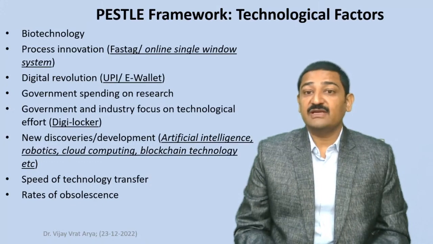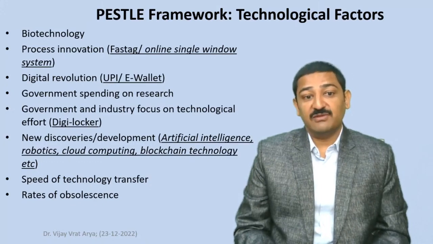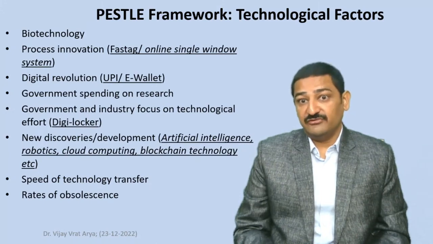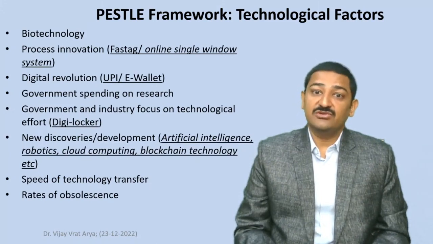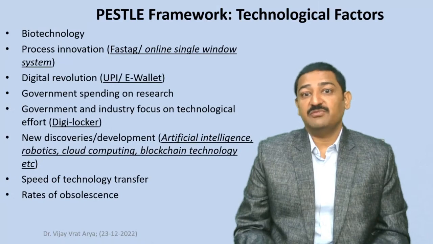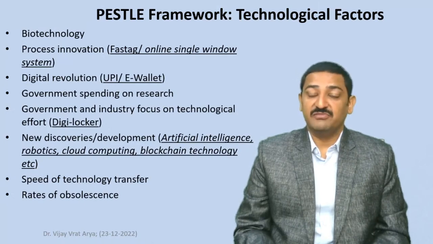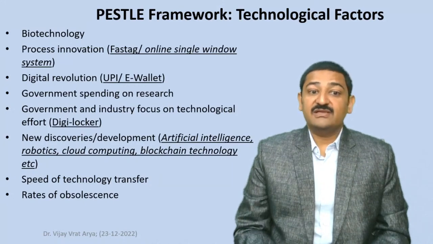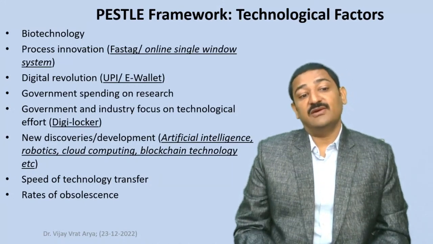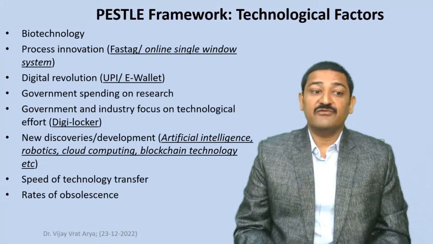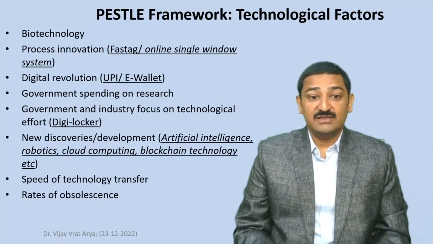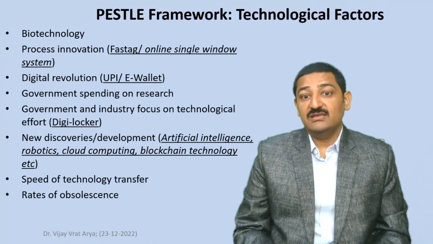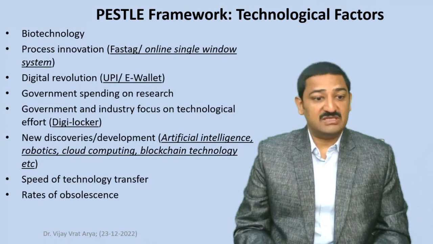So how proactive the respective government is towards developing research and technological infrastructure is going to substantiate a very positive business environment in the respective country. Then government and industry focus on technological effort, like the case of DigiLocker, which is helping both the government as well as the customers or the population base.